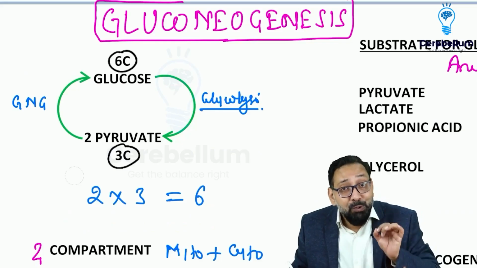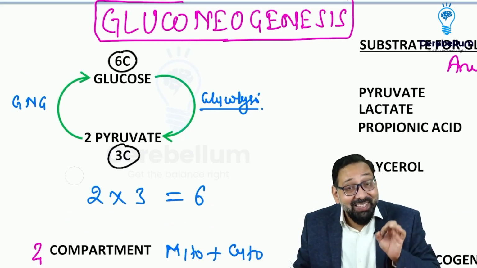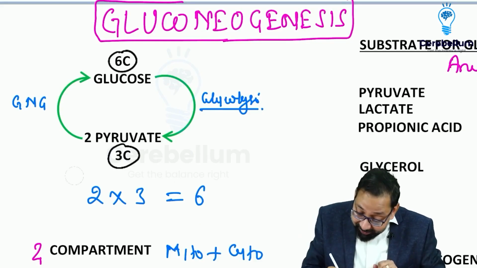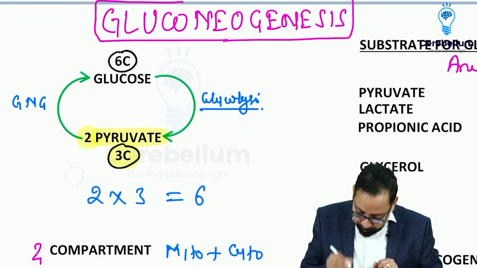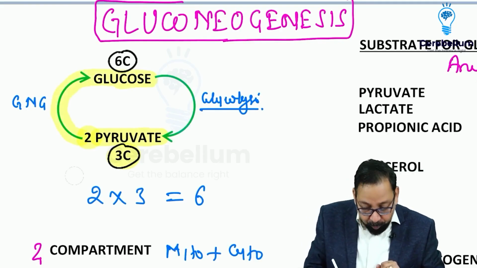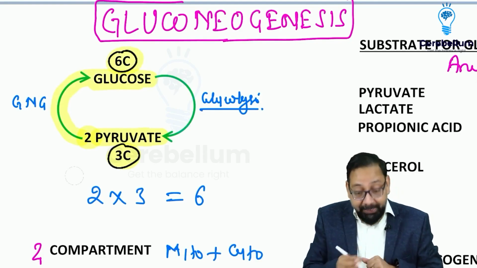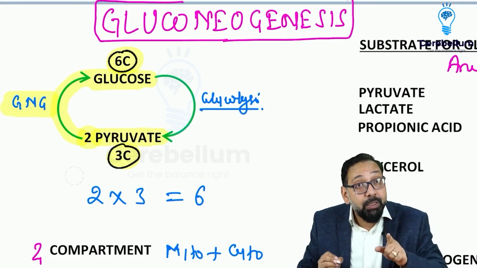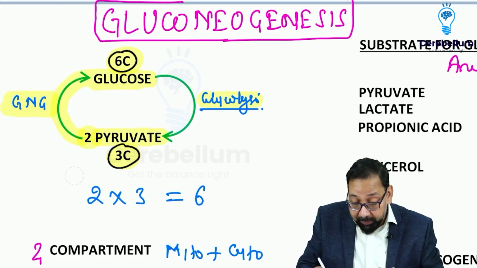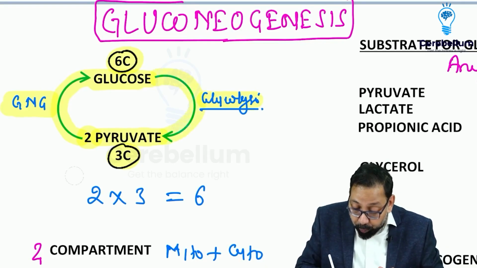Now we come to gluconeogenesis, synthesis of new glucose. If I take two molecules of pyruvate, pyruvate has 3 carbons, two molecules join to make one molecule of glucose having 6 carbons. That is gluconeogenesis. But we have read that glucose is broken down by glycolysis and it produces 2 molecules of pyruvate.